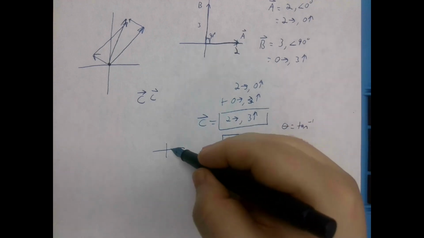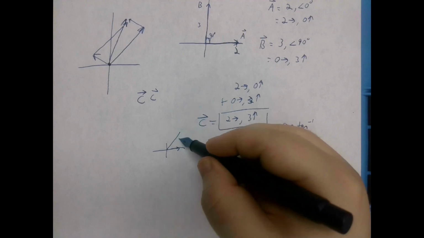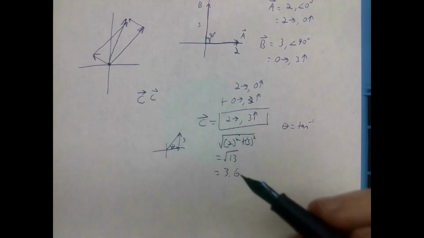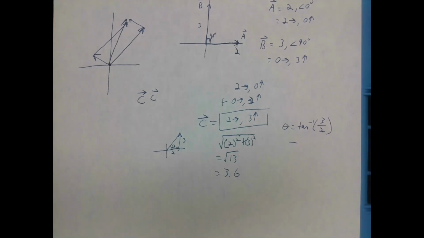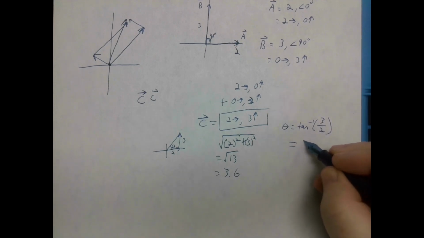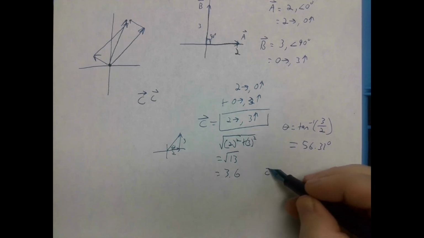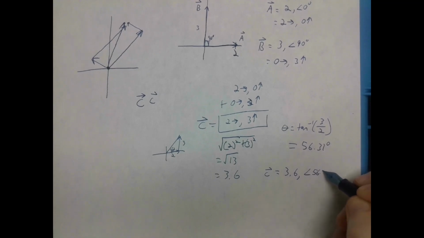So this is 2 to the right, 3 up. So the 3 up component is your vertical, or opposite of the angle, and your adjacent is 2, so it's the inverse tangent of 3 over 2. And it's equal to 56.31 degrees. So C is also equal to 3.6, comma, angle 56.31 degrees.